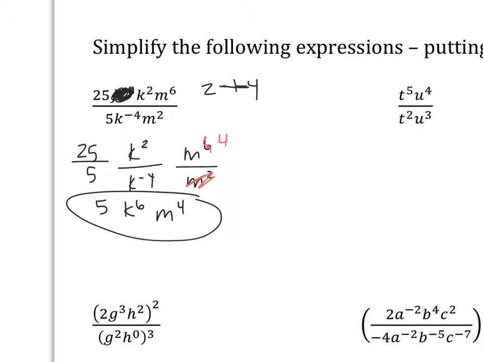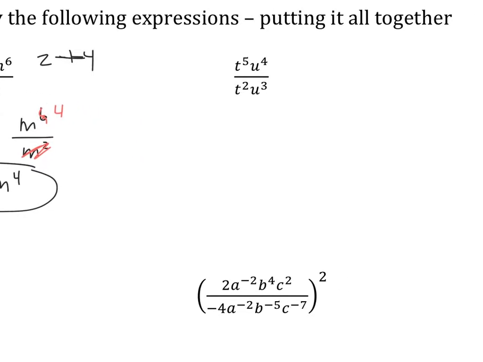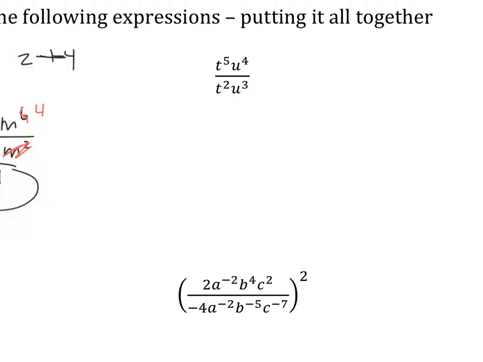Okay? All right, let's look over here. T to the fifth, u to the fourth, all over t squared, u to the third. So if I, again, break this up, and I say t to the fifth over t squared, if I take away 2 on the bottom, I'm left with 3 on the top. So t to the third would be my ending result there.